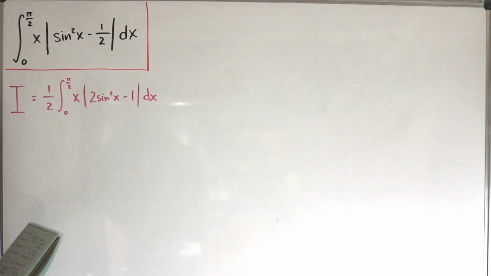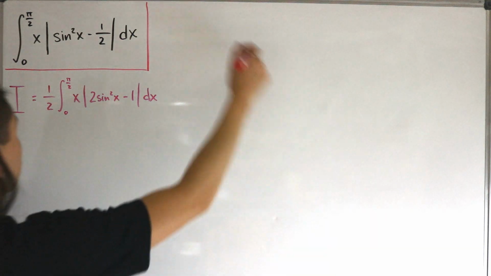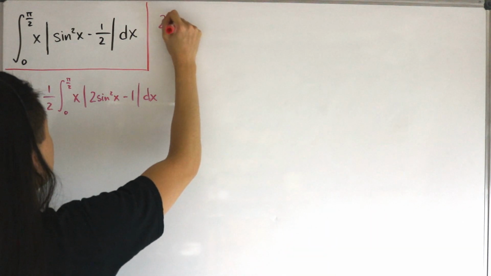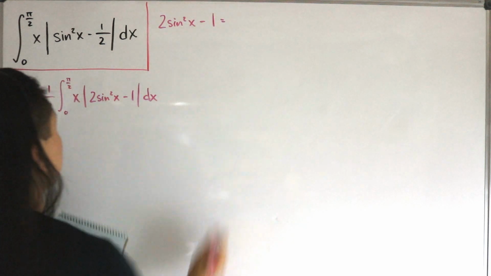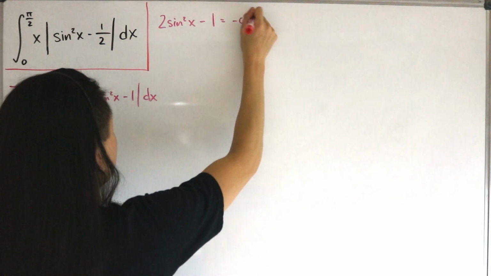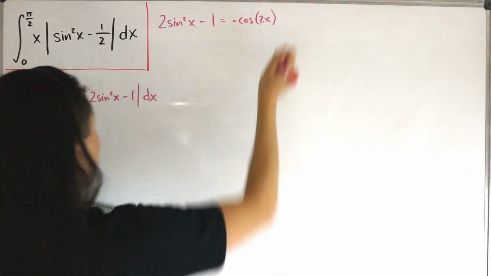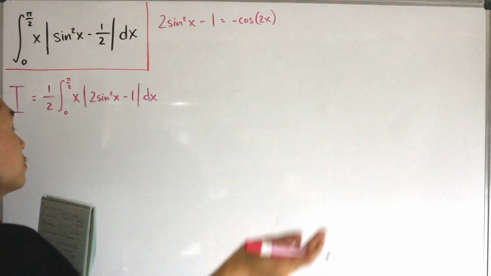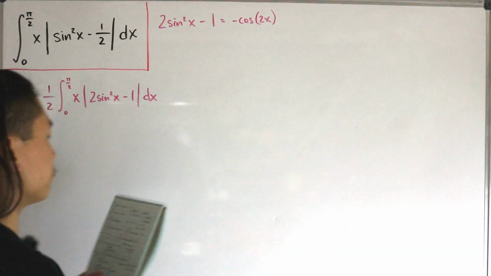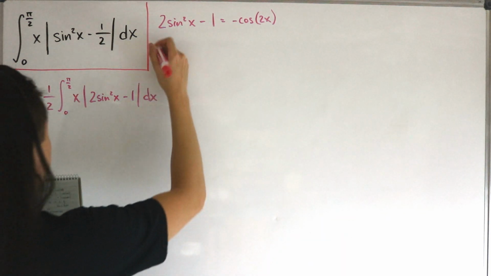Alright, let's use a trigonometric identity that says 2 sine square of x minus 1 simply equals negative cosine of 2x. Without that negative, you just multiply both sides by negative, and that's the well-known double angle formula. So why don't we take the absolute value of both sides?